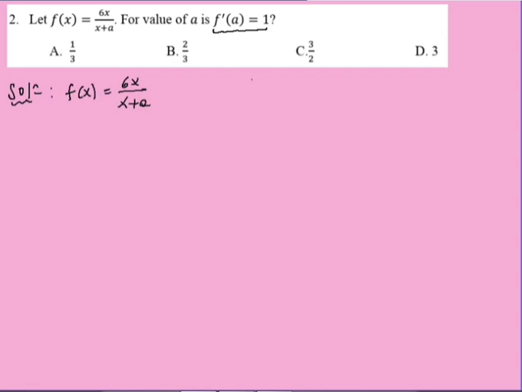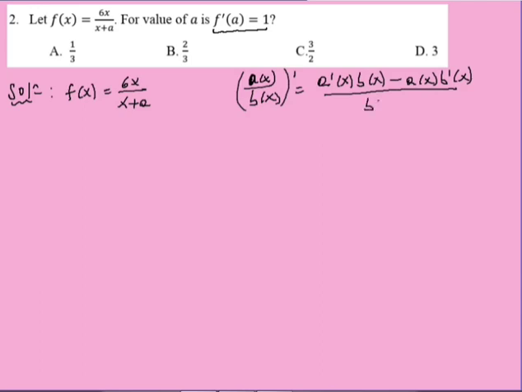For example, if we have two functions, a of x over b of x, their derivative can be calculated as a derivative times b of x minus a of x times b derivative of x, over the square of the denominator. This is called the quotient rule for derivative.